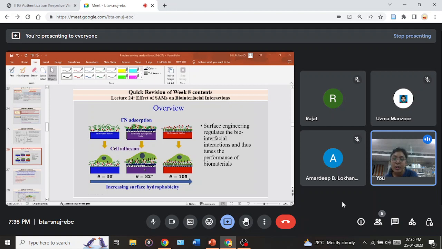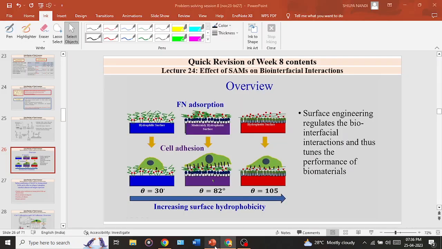Like in the case of a moderately hydrophobic surface, we have a contact angle of around 82 degrees. So from a hydrophilic surface, an increase in the surface hydrophobicity is seen, and also cell adhesion occurs. So that is what we are focusing on, that surface engineering can regulate these biointerfacial interactions and helps to tune the performance of these biomaterials.